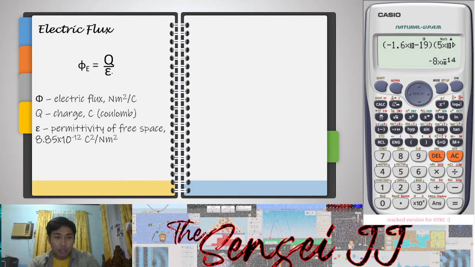But how did we arrive at the formula of phi E is equivalent to our charge all over permittivity? So here we have our original formula of electric field times the area. So electric flux is equivalent to our electric field times the area.